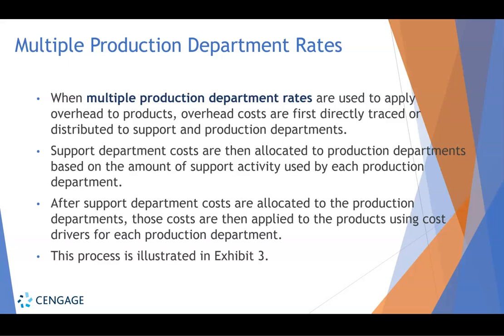Support department costs then get allocated to various production departments based on the amount of support activities used by those production departments. After support department costs are allocated to the production departments, those costs are applied to the products using various cost drivers from each of the production departments.